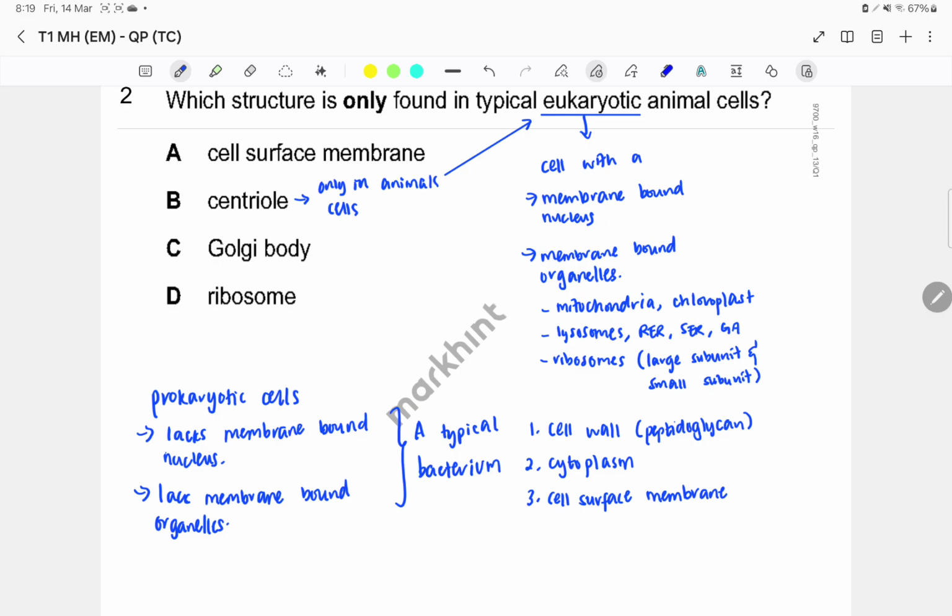Golgi body also, and the Golgi body is an example of a membrane-bound organelle. Whereas ribosomes, prokaryotic cells also have ribosomes, however they might be slightly different. In this case, the correct answer here would be C, which is the Golgi body.